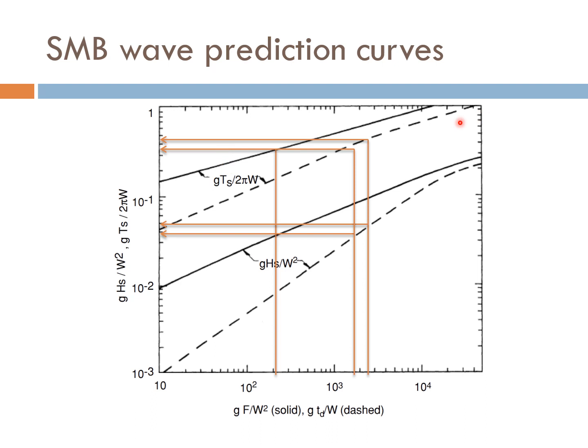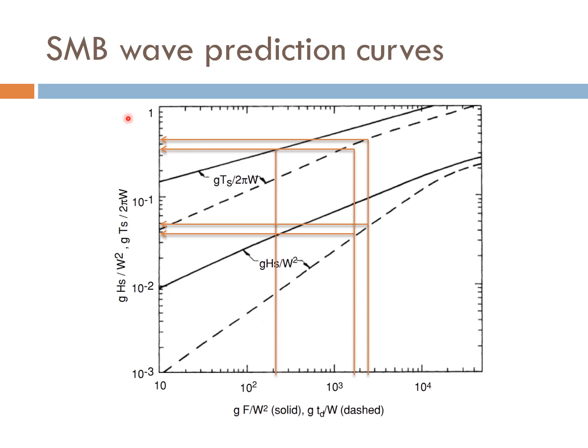These two curves give us the dimensionless wave period. T S here is the significant wave period. So we can relate the dimensionless fetch to the wave period. We can also relate the dimensionless wind duration to the wave period.